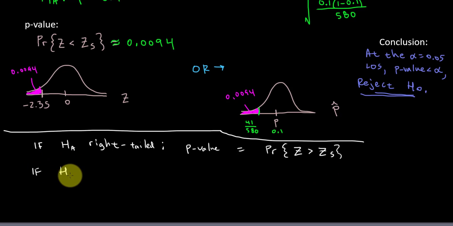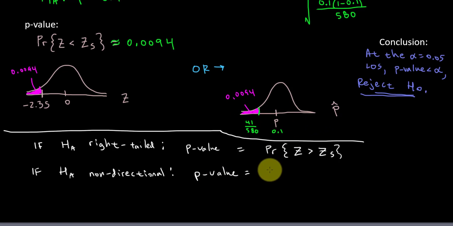Furthermore, if the alternative hypothesis was non-directional, remember this is where there's a doubling of sorts, we would need to have doubled this tail area.